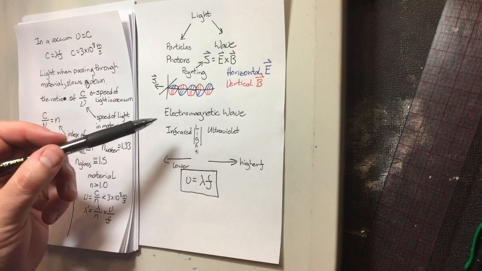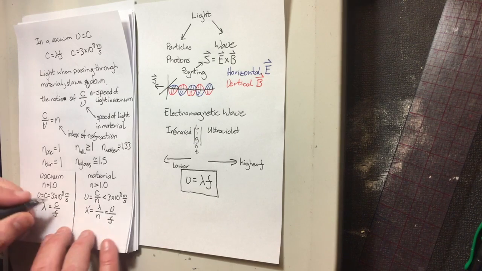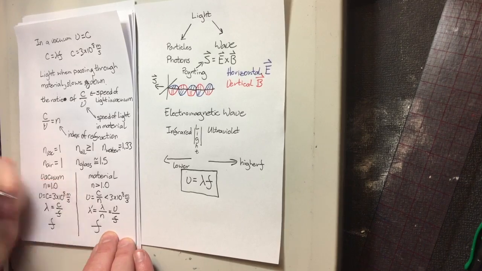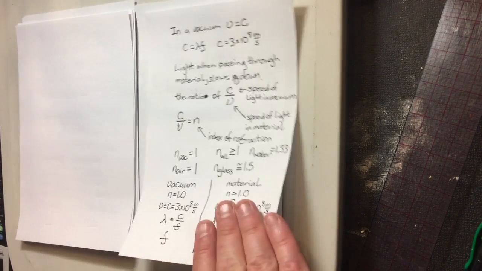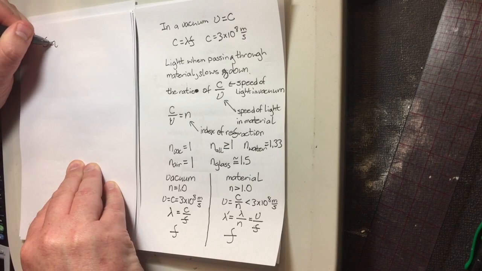Light has a particular frequency, infrared has a particular frequency, ultraviolet, radio waves, stuff like that. But in a material, the wavelength changes. But the one thing that doesn't change is frequency.